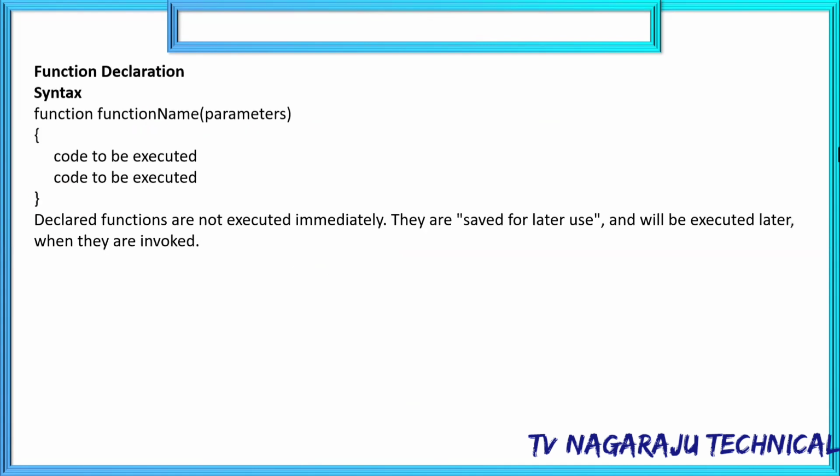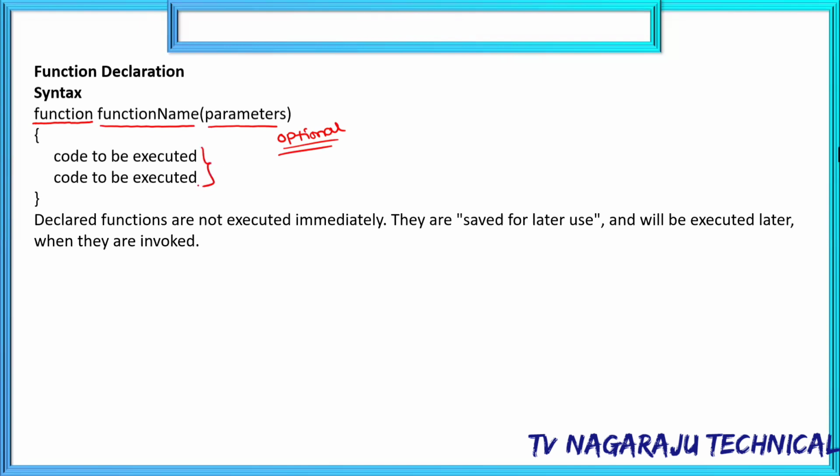What is the syntax of defining a function? The keyword is function, followed by the name of the function. Within parentheses come the parameters. Remember, parameters are optional. Open the curly bracket, close the curly bracket.